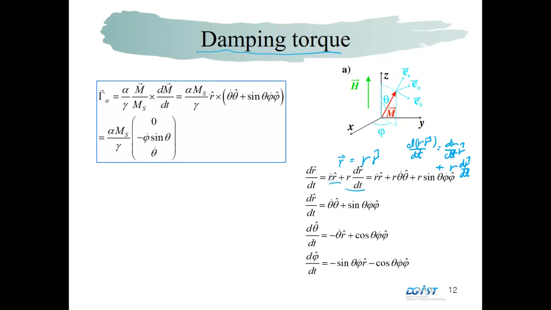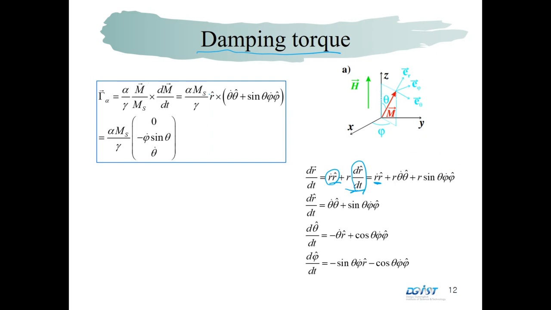These two parts. And fortunately, this part goes to 0 in our case, because we assume the magnitude of r is always constant, so r dot is 0. But let's keep the general case. So we have this term first. And what is this part?